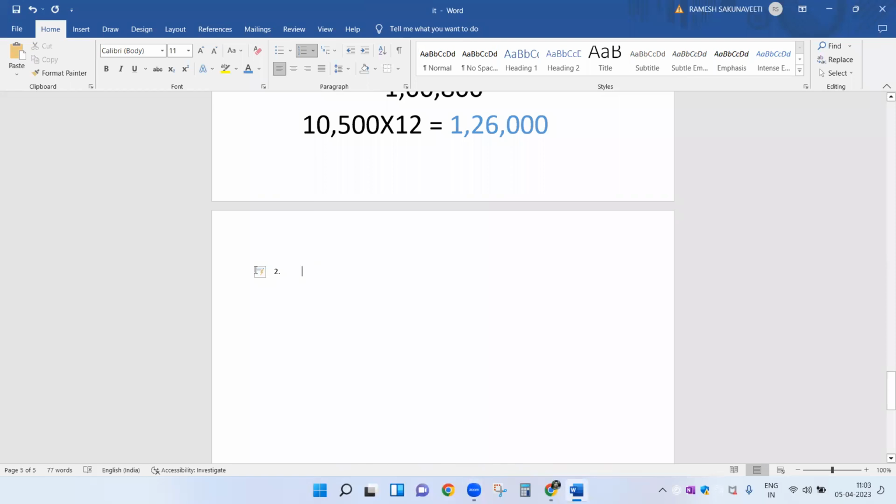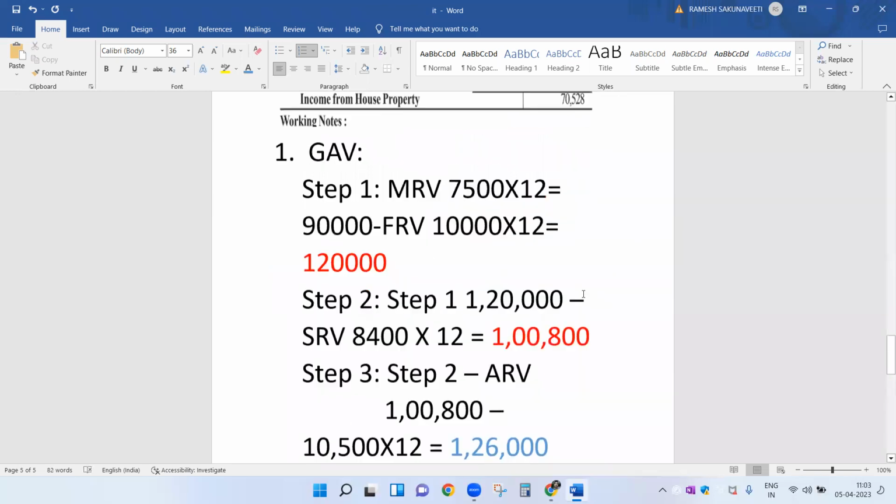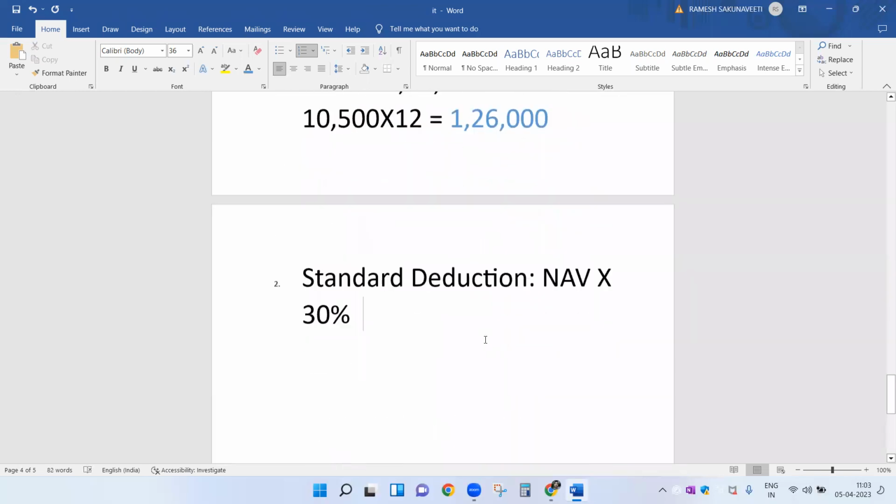Second working note. That is the standard deduction. Yes, you know it. NAV into 30%. Value of NAV is 113,040.